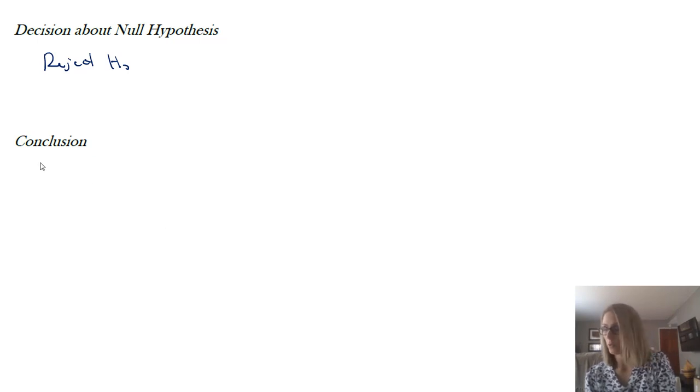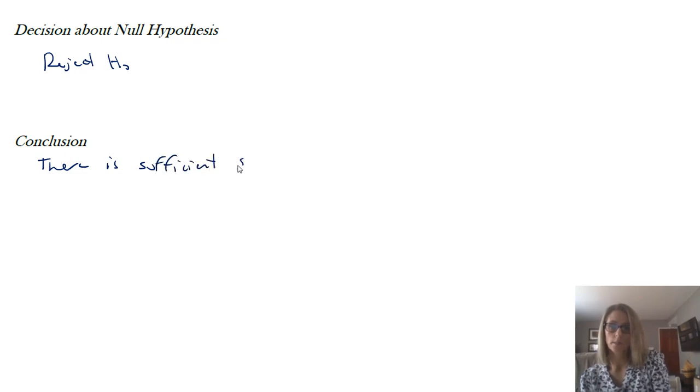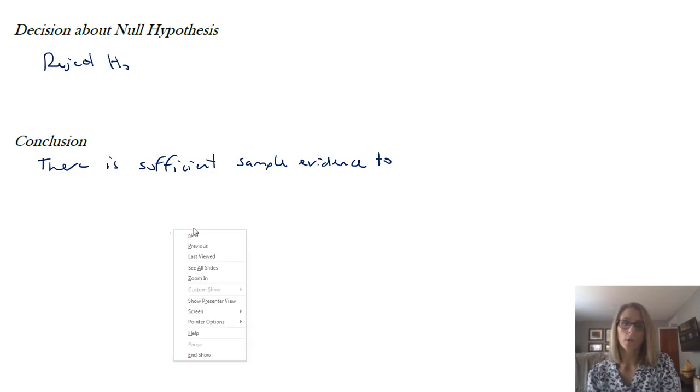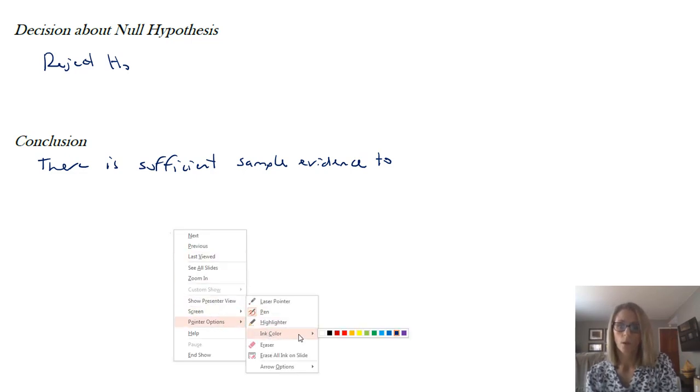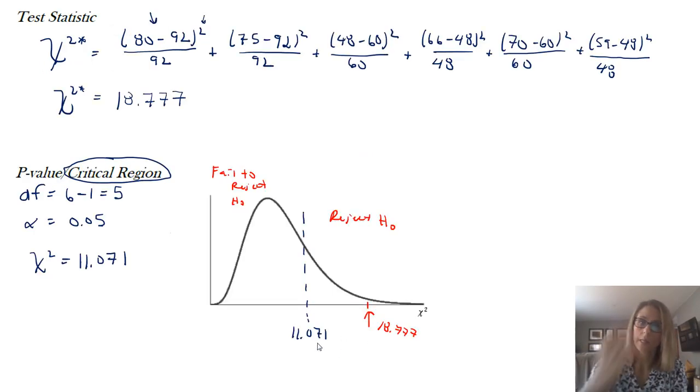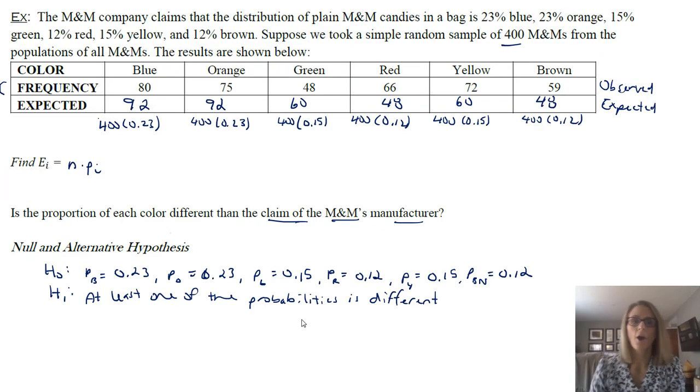And so then our conclusion is very similar. There is sufficient sample evidence, because we rejected H naught, sufficient sample evidence to, and then notice our claim, going back to the last slide here, our claim is from the M&M's manufacturer, and the M&M's manufacturer is making the claim on the null that these values are equal.